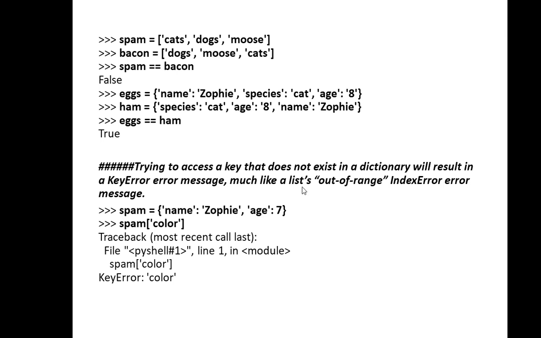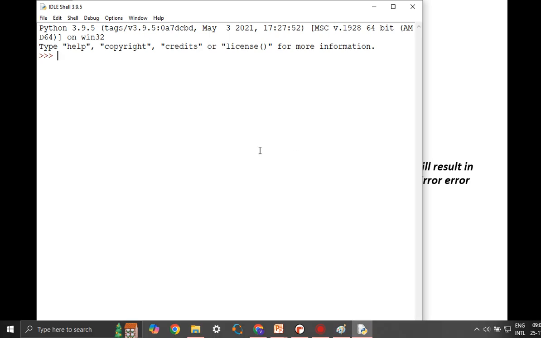Now let's suppose you have a question. If I am trying to access a key which does not exist in the dictionary, then definitely it will give you an error, right? So let's say I go to the IDLE screen and create a dictionary like this. Let's say the language is Python, and the level is easy.